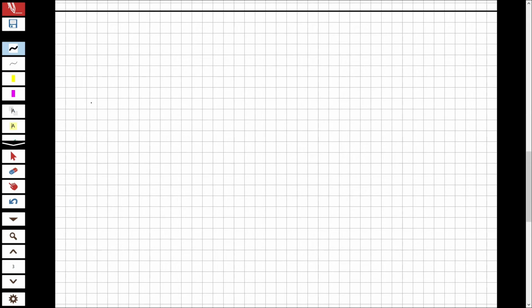For the shear diagram, the first part, I have a shear at A of 37.2, so I'm going to raise 37.2. This is 37.2.